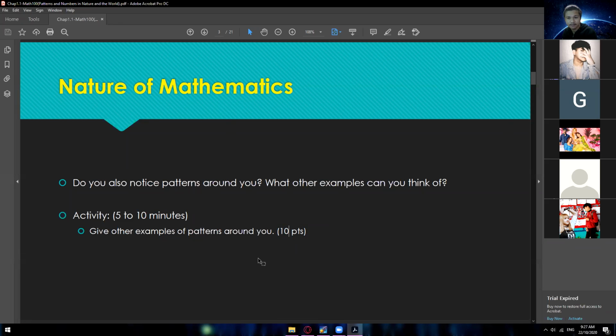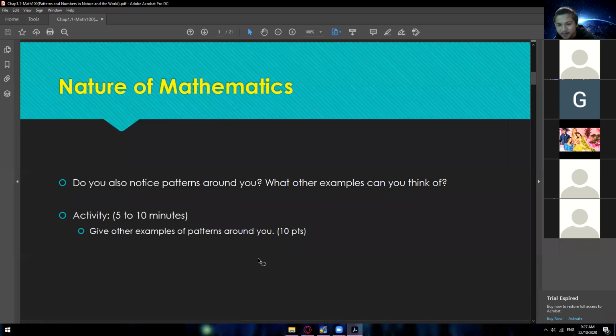Sir, mga tiles. Tiles, di ba? May mga pattern yan. Yung iba, diretso. Yung iba naman, alternate. Okay, very good. Ano pa? Paggawa ng bahay, sir. House designs.